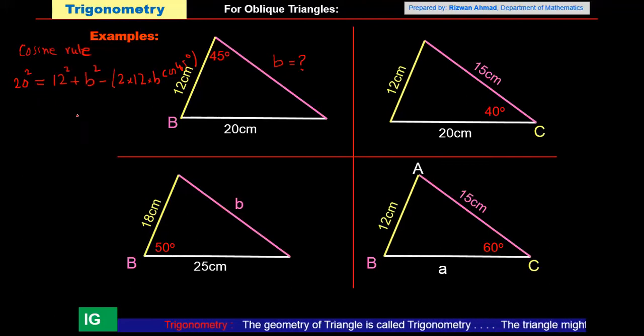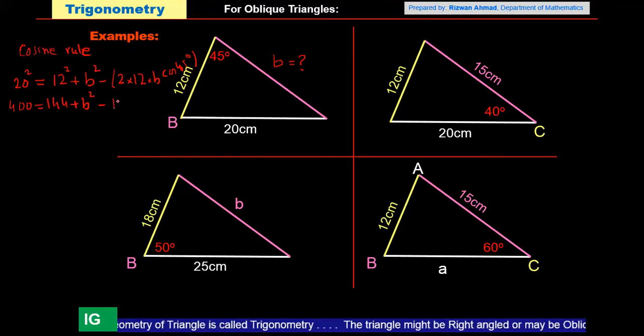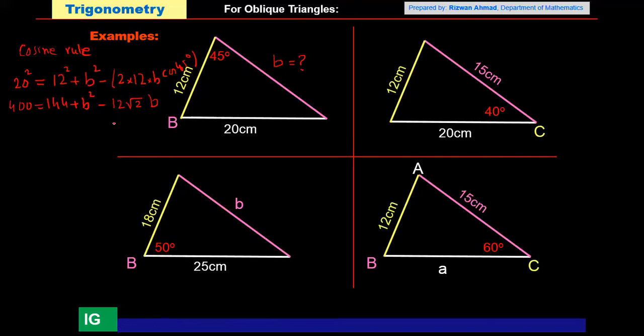So after rearranging this, it will become a quadratic equation in B. Like 20 square is 400. So 400 is equal to 144 plus B square minus 2 times 12 times cosine of 45. It will give you 12 root 2 and then times B. It's better to keep it in the square root form instead of using decimals.